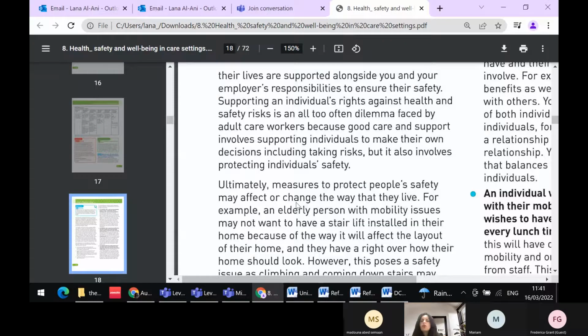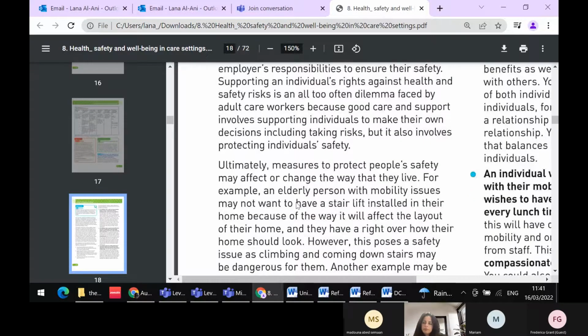You have responsibilities for your employer. You have responsibilities towards your colleagues. So all this is a dilemma. If you care for people, people have got their rights to live their life properly. So how might the risk assessment help?